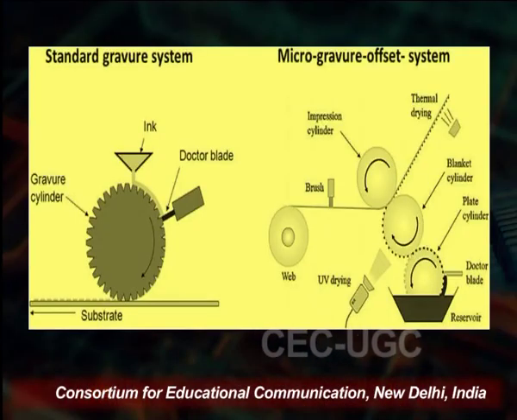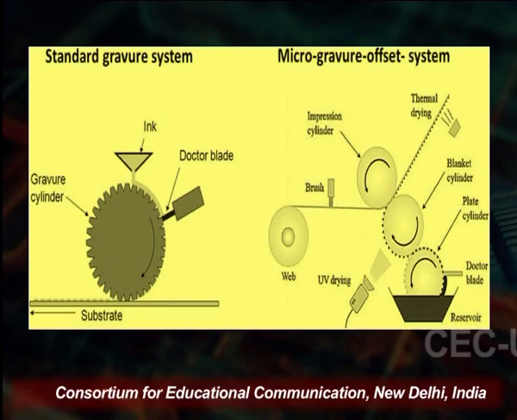The physical contact between the printing surface and the substrate leads to wear and tear of the engraved structure. Therefore, chrome electroplating is performed to protect it from deterioration.